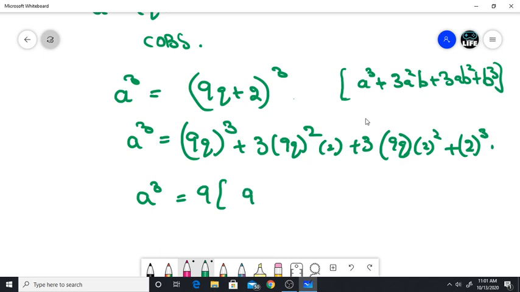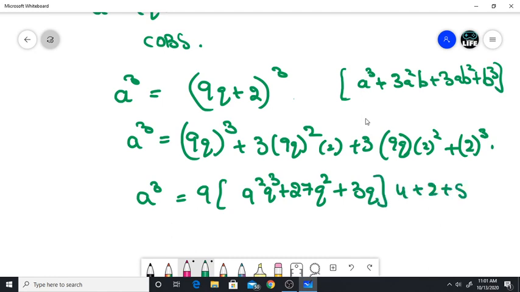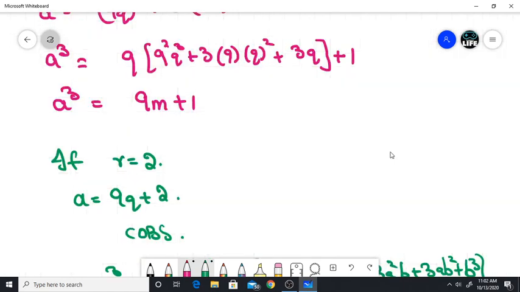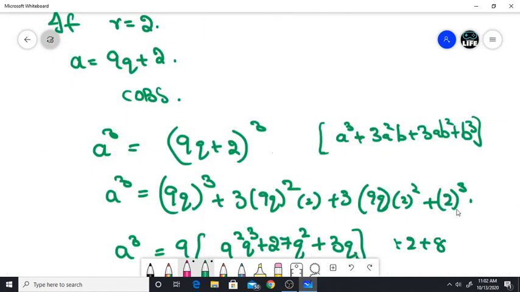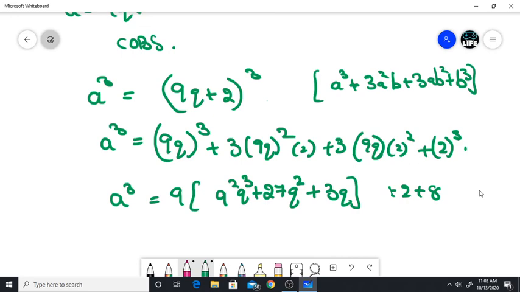Now you get 9 square q cube plus 27q square plus 3q, plus 8.